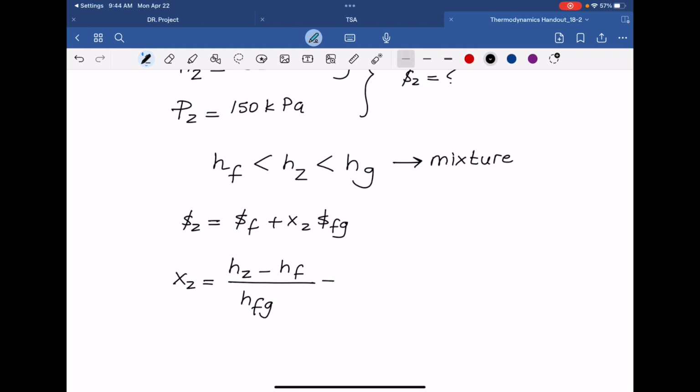Looking at the right tables at 150 kilopascal, we plug in HF and HFG because H2 is already known. We have calculated that from the energy balance. And HF we read from the table.